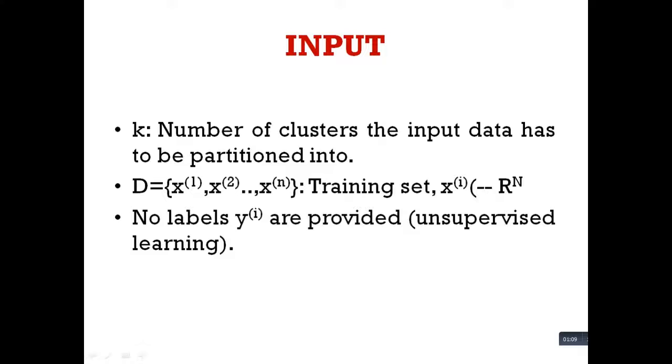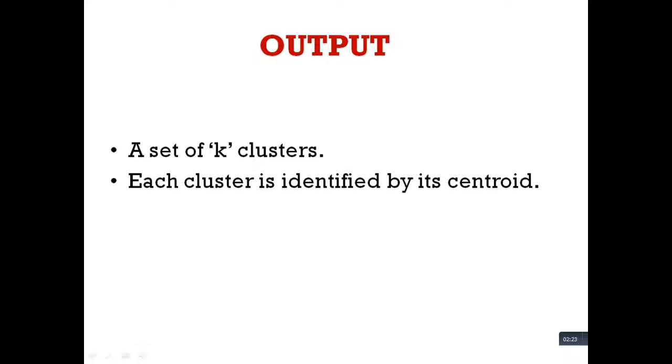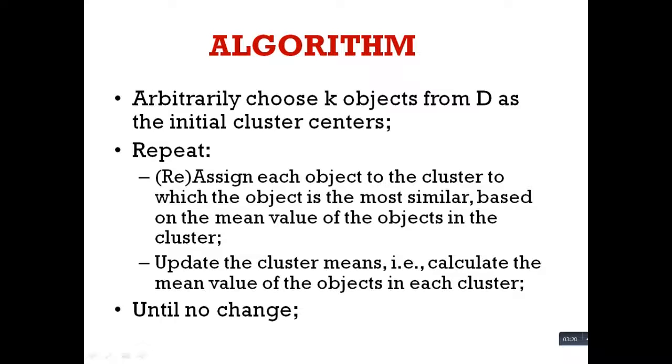The k-means algorithm takes k, which is the number of clusters, and a training dataset as inputs. Note that this being an unsupervised learning algorithm, no cluster labels are provided along with the training tuples. The k-means algorithm returns the centroid vectors of each of the k clusters it creates. To begin, randomly select k cluster centers. Calculate the distance between each data point and cluster centers.